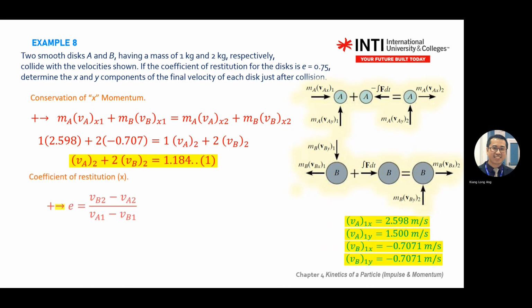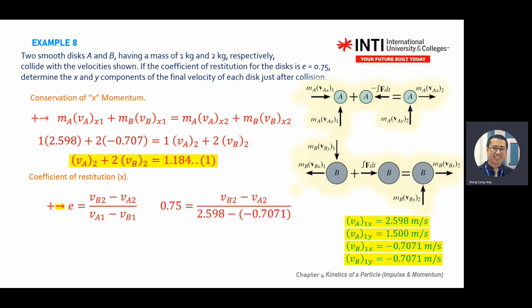Then coefficient of restitution, you pull out this equation, E equal to, in this case, positive to the right. Again, I take big number, or B minus A, below 1, A minus B. I substitute the value, 0.7 equal to relative velocity between 2 divided by VA 2.5 minus VB minus 0.7.